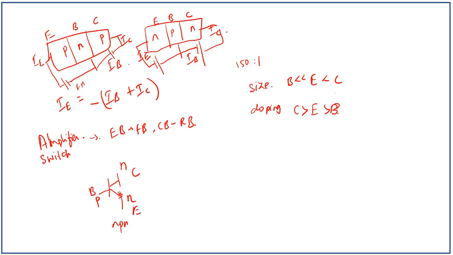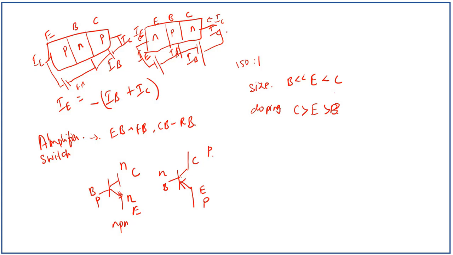Arrow mark going outside means the emitter current is going outside the transistor, base current IB is going inside and collector current IC is flowing inside the transistor. In the PNP transistor, the arrow mark points inside, which means the emitter current is flowing inside. This is base and collector, and this is a PNP transistor.